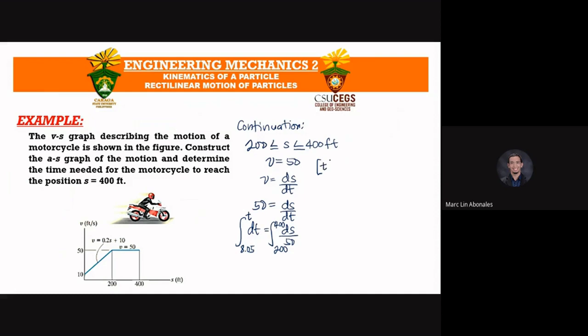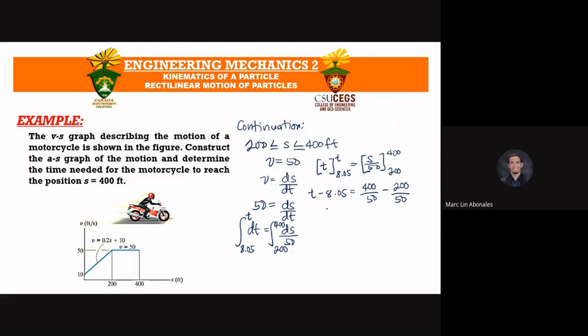So that is t from 8.05 to t, equals 1 over 50, you can leave it there, so it's still s over 50, from 200 to 400. Then you substitute the upper and lower limit, t minus 8.05, equals 400 over 50 minus 200 over 50.